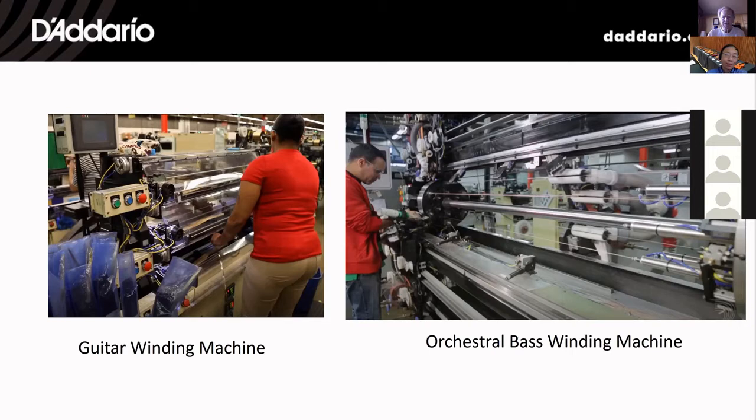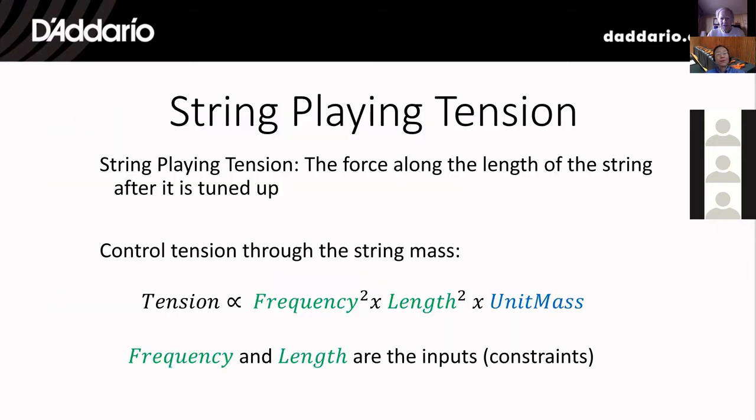Next, let's look at string tension. The string playing tension is the force along the length of a string after it's tuned up. And we control string tension through the string mass. If you work out the vibrating string equation, you get a relationship where the tension is proportional to the frequency squared, the length squared, and the unit mass.